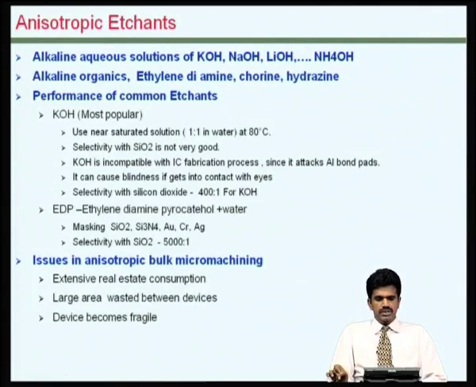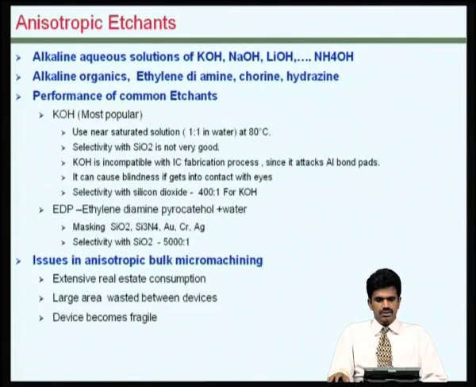There are some basic issues in anisotropic etching, bulk micromachining of silicon. Because of these slanted side walls, larger real estate, larger area is required to form a cavity.